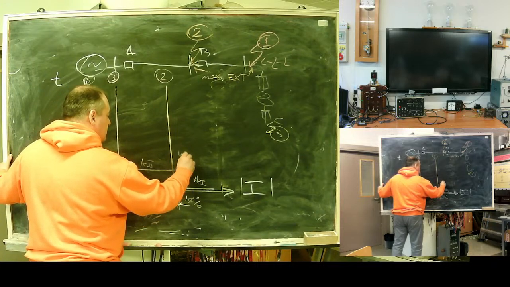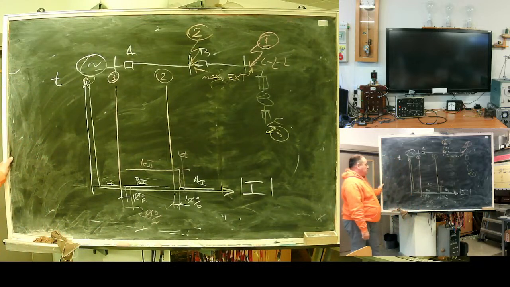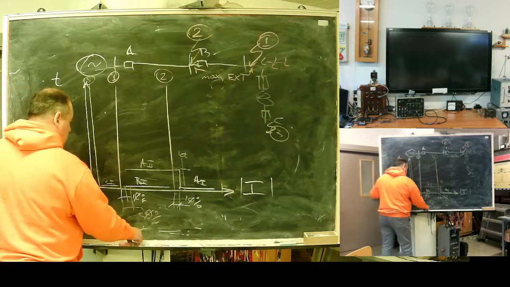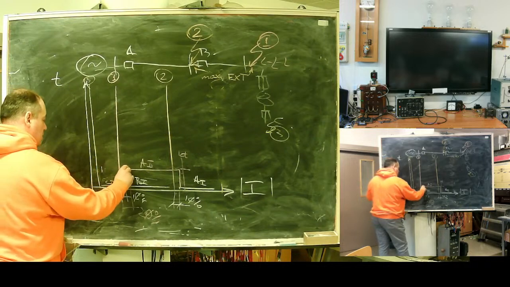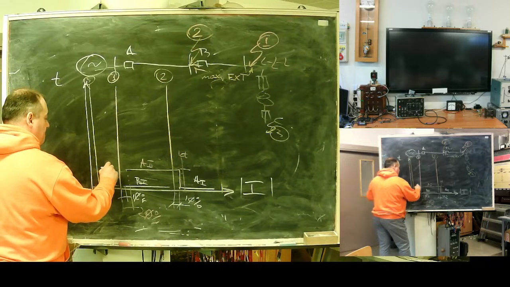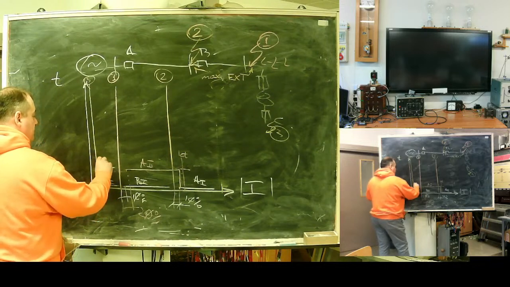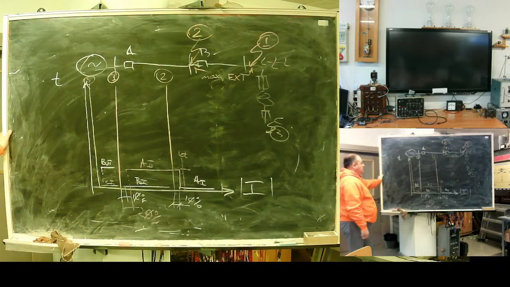And 1 delta T. B2. Now what? What should I draw?